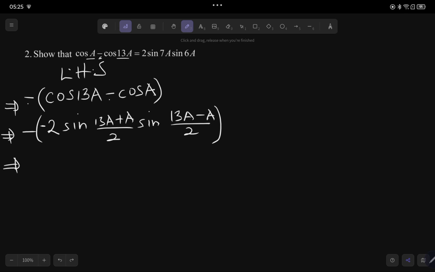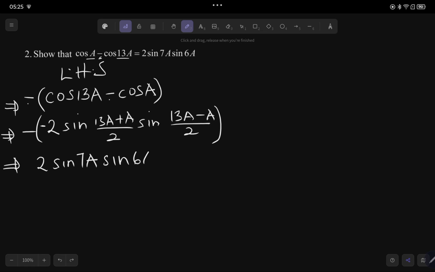Now the positive that comes here, you get positive 2. 13 plus 1 is 14, divided by 2 is 7. So sine 7A. 13 minus 1 is 12, divided by 2 is 6.